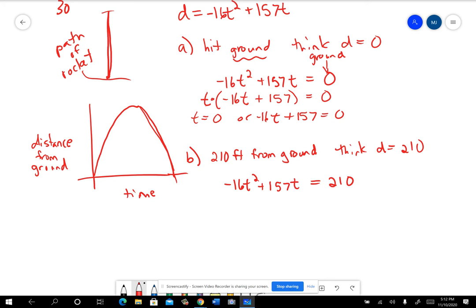So I'm going to finish that negative 16t plus 157. I'm going to subtract the 157. Then I've got to divide by the negative 16. Okay, so I'm going to do that. Where's my calculator? Sorry, I got to get into my phone real quick. Get into that calculator. I'm going to take that 157 divided by 16. I already know it's positive.